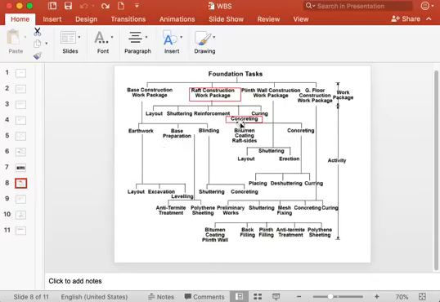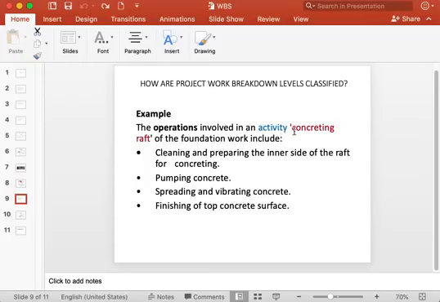This concreting activity, which is called raft concreting activity, is further broken down into cleaning and preparation of the inner side of the raft for concreting, then pumping concrete, spreading and vibrating the concrete, and then performing the finishing of top concrete surface.